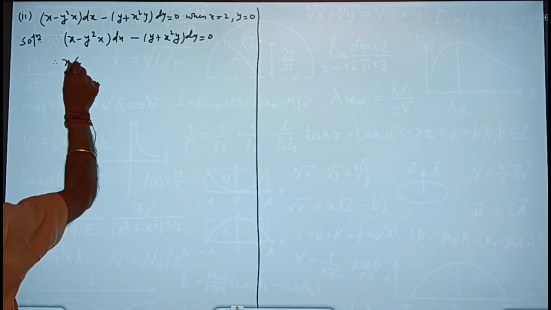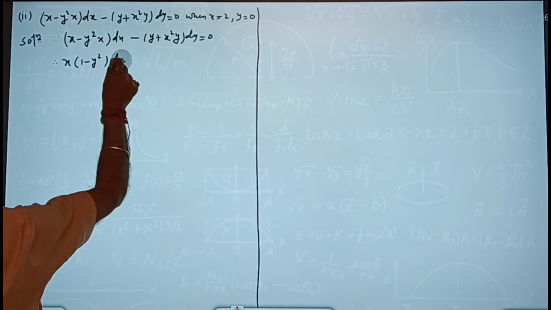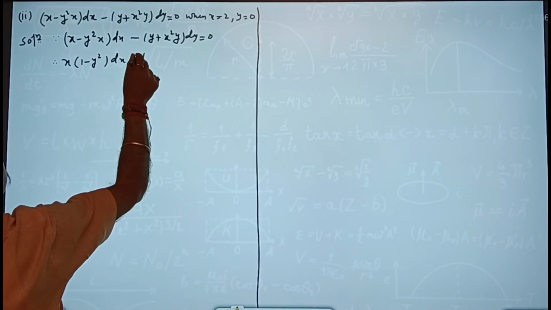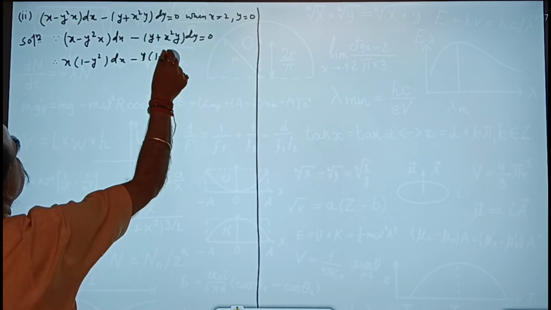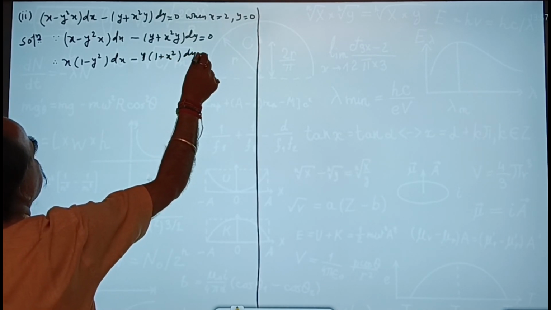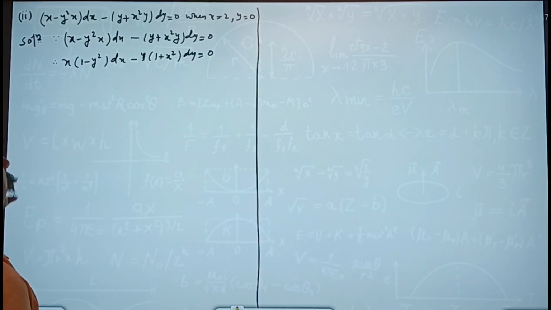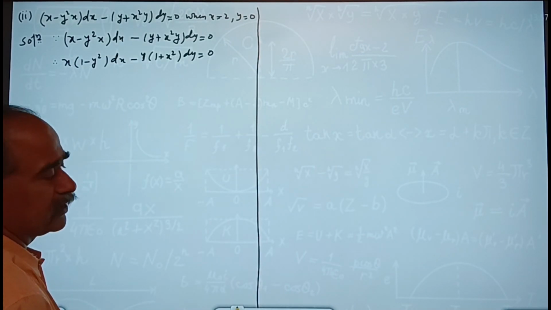Take x common, 1 minus y square dx, y common, 1 plus x square dy. Here we don't want 1 plus x square and here we don't want 1 minus y square.